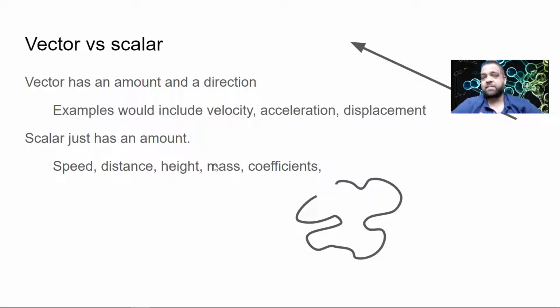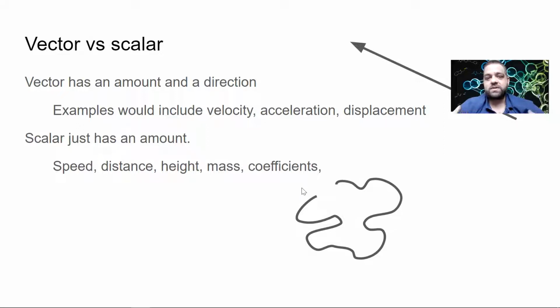Scalars are just an amount. Like I said in the beginning, speed would be an example of a scalar. So 60 miles an hour would be just that. Distance, 10 meters, 10 miles, 100 miles, whatever. So as long as it's a distance, that is, it doesn't have a direction to it. Mass, 10 kilograms, whatever. Anytime the coefficients are numbers that modify other numbers, we're not going to talk about that in this video.